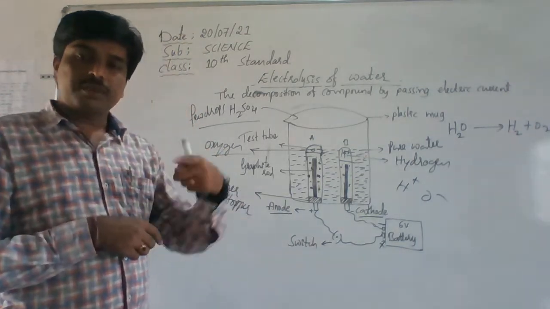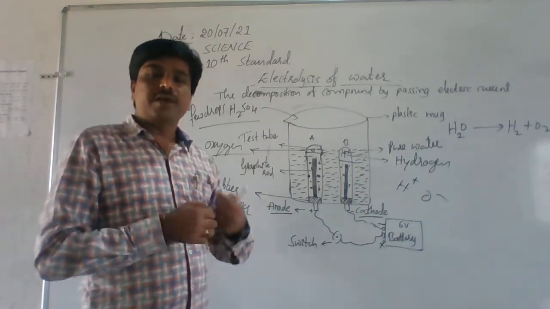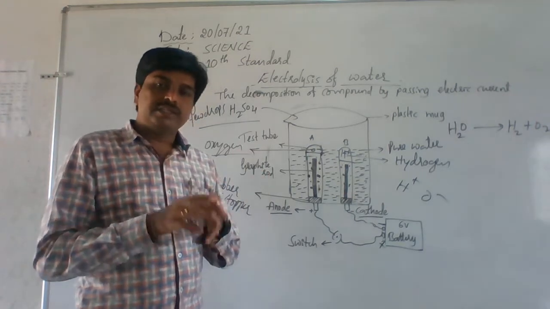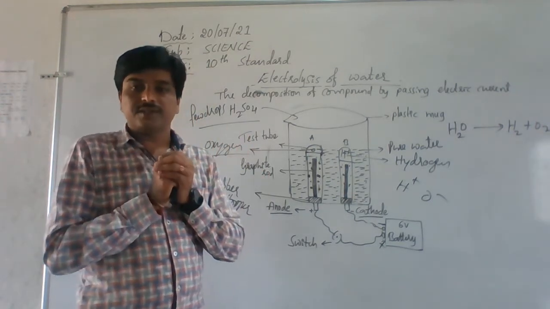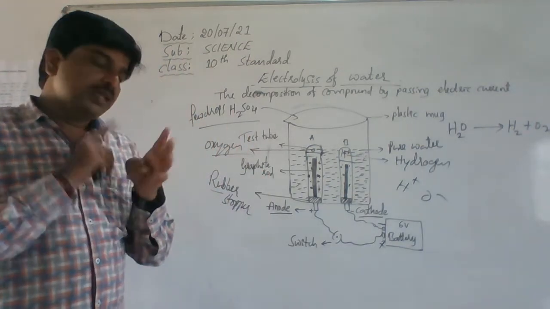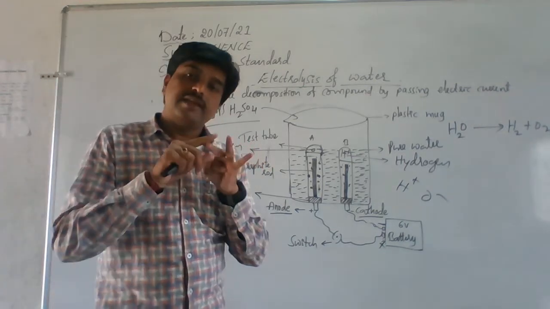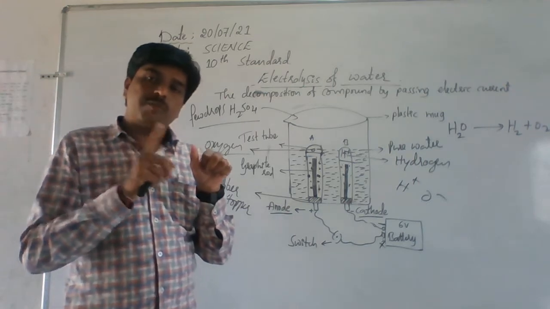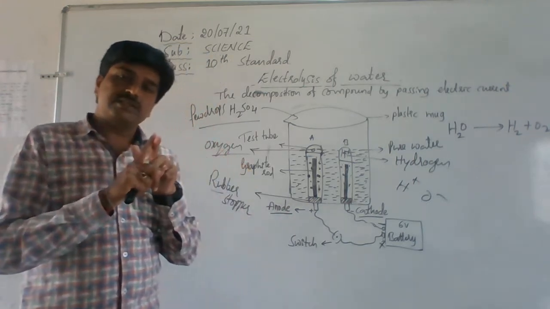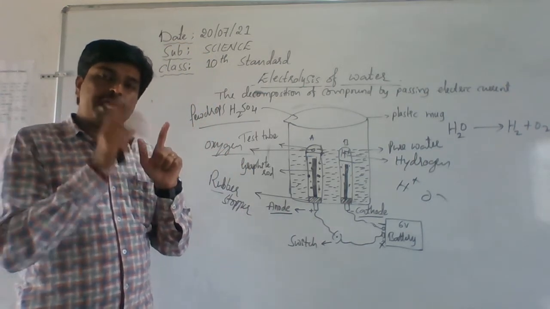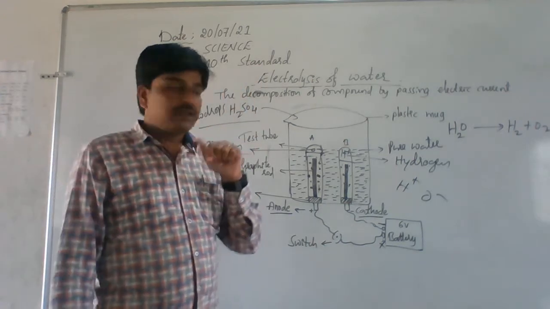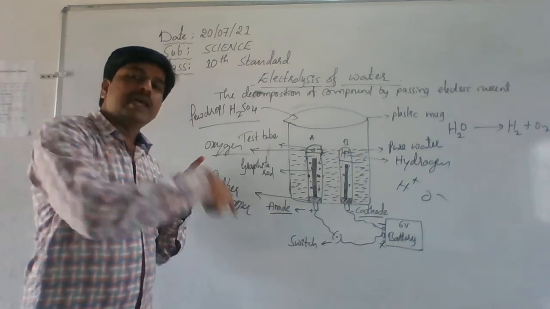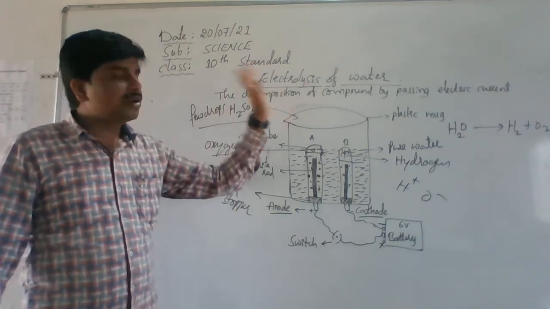Based on the energy given, decomposition reactions are classified into three categories: thermolysis, photolysis and electrolysis. In thermolysis, we break down the compound by giving heat. In photolysis, we break down the compound by exposing it to sunlight. In electrolysis, we break down the compound by passing electric current through it.